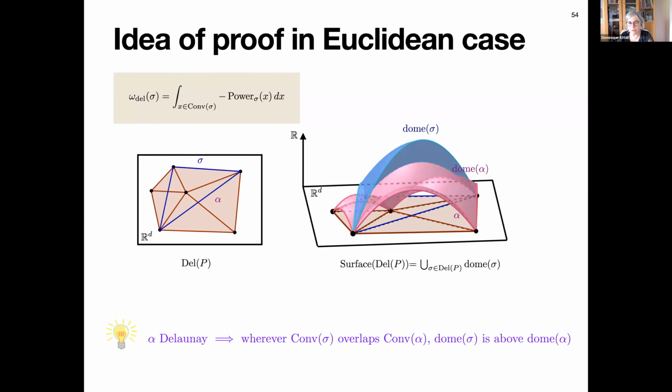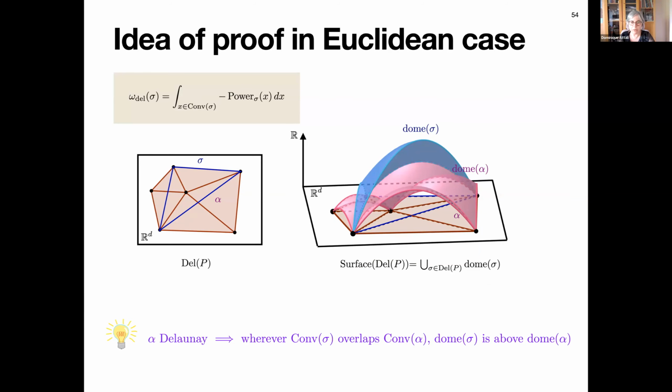So consider a simplex alpha that is Delaunay, and a simplex sigma that is non-Delaunay, the blue one here. When we look at the domes of alpha and sigma, the following happens. Wherever the convex hull of sigma overlaps the convex hull of alpha, the dome of sigma is going to be above the dome of alpha.